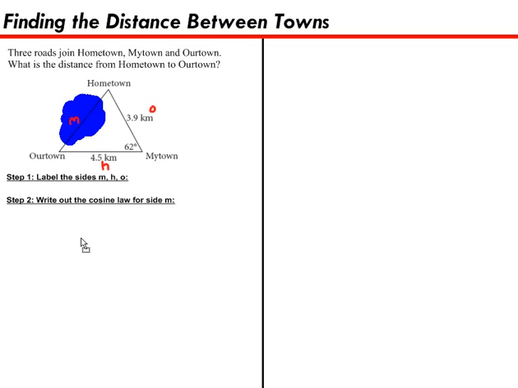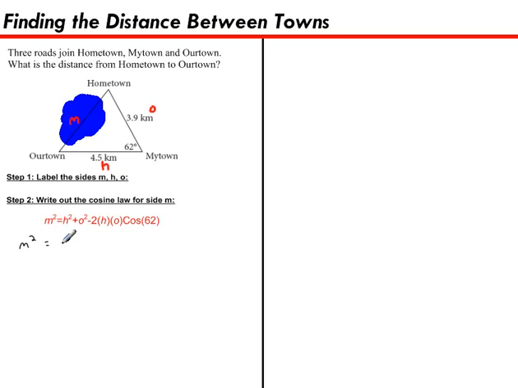Since I'm solving for the distance between hometown and our town, or in other words, side M, I'm going to write out the cosine law like this. M squared, which is the side I'm looking for, is equal to the other sides squared, H squared plus O squared minus 2 times H times O times the cos of the angle that's given, which is 62. And now we'll just fill in the known values. I don't know M, that's what I'm looking for.